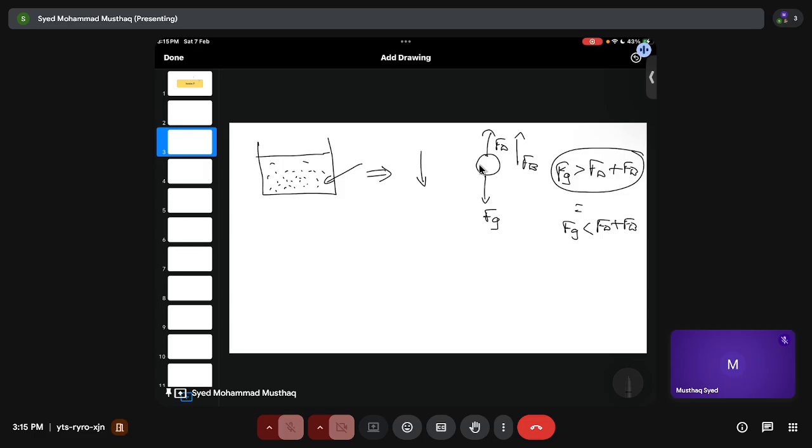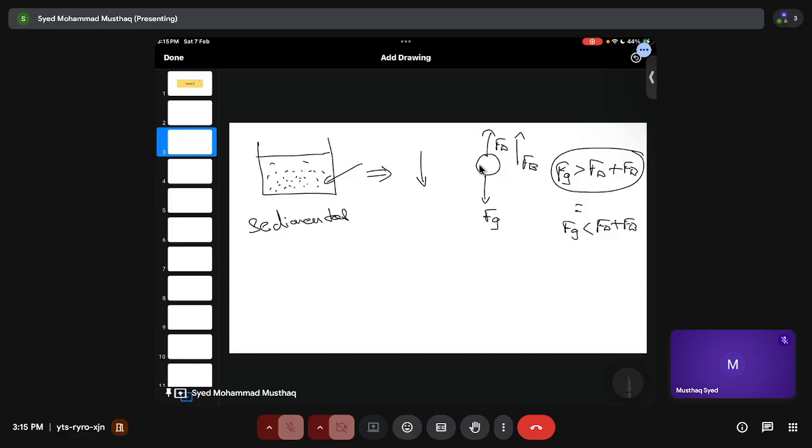That's what we learned from fluid statics. If gravity is greater than the buoyancy force, it will sink. If gravity equals the buoyancy force, the particle will stay. If gravity is very much less than the buoyancy force, the particle floats. Now if something is moving, you get another force, which is the drag force.